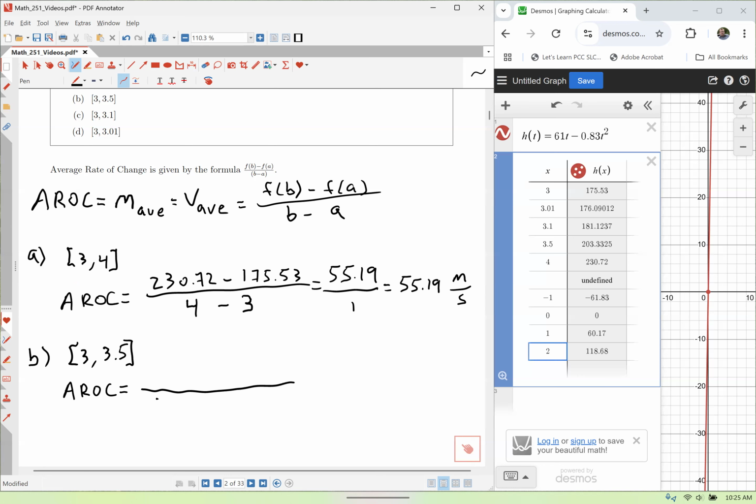So on the bottom, I've got the change in my x values, 3.5 minus 3. On the top, I've got the change in my y values. I'm using my table here. I have 203.3325. And at 3, it's still 175.53. I'm going to type that numerator into a calculator.